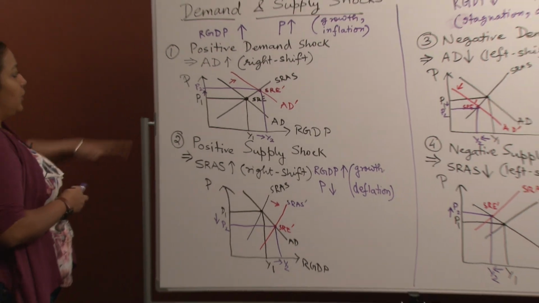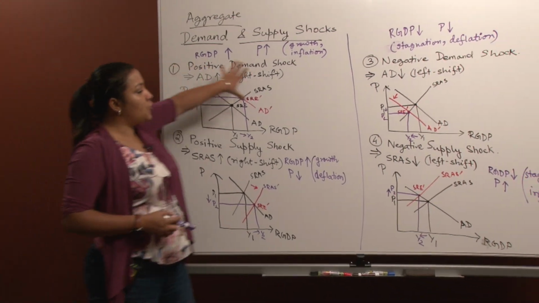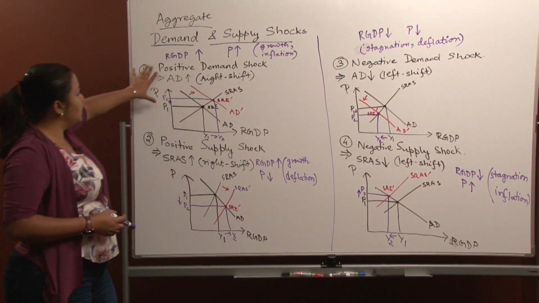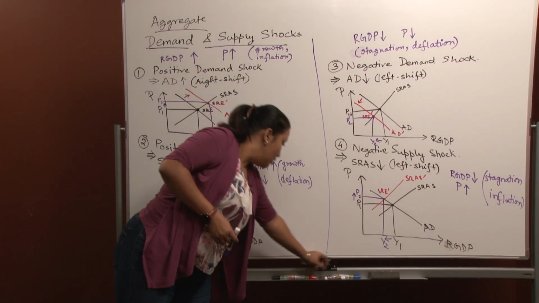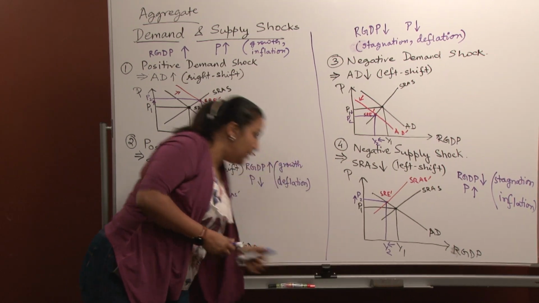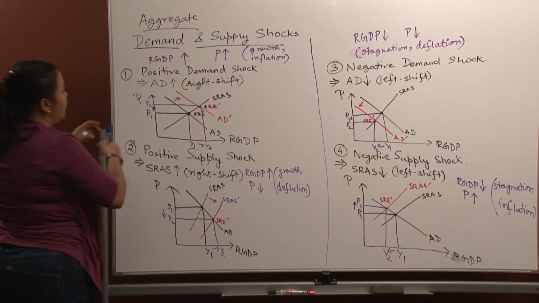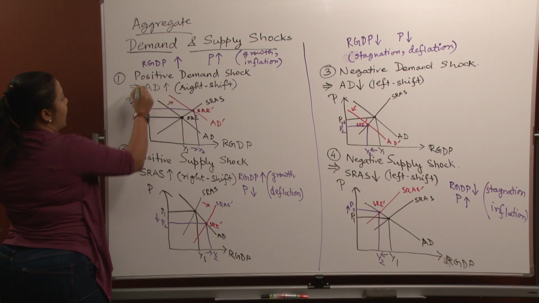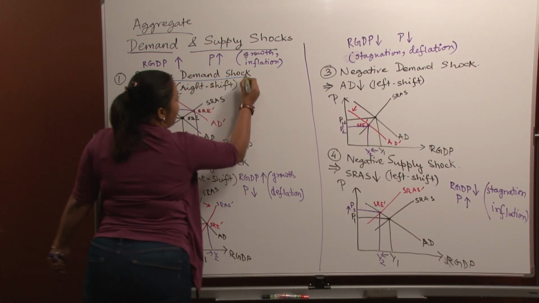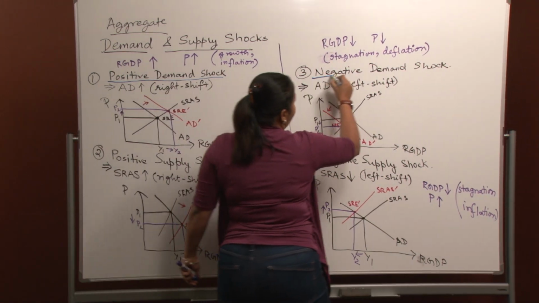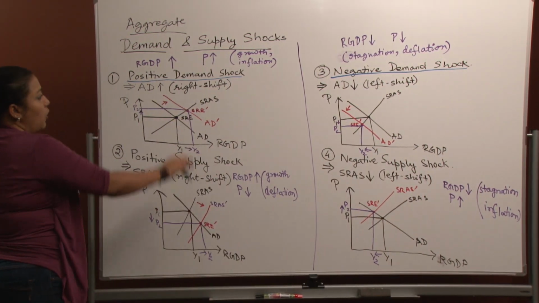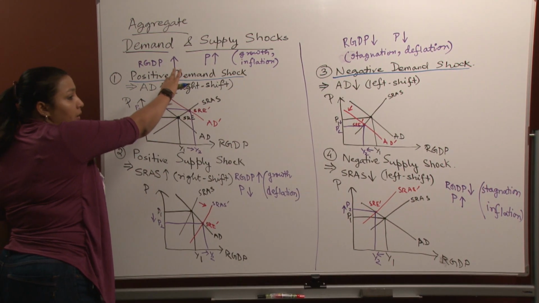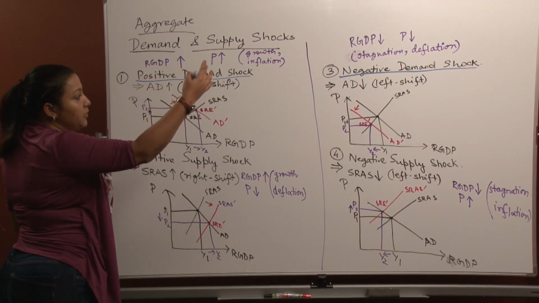Please note, when you talk about demand shocks, if you have a positive demand shock or a negative demand shock, whatever the case may be, you always have one positive impact and one negative impact on the economy. Whether it is a positive demand shock or a negative demand shock, there is always one good thing and one undesirable thing happening.